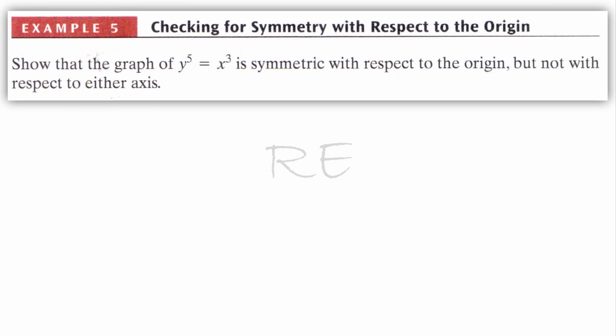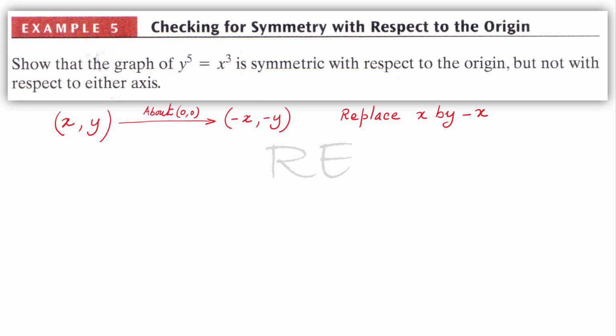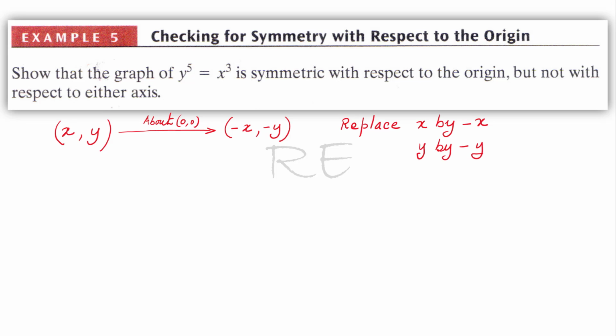For example 5, we will check first for symmetry with respect to the origin. If (x, y) belongs to the graph and it's symmetric with respect to the origin, then (negative x, negative y) also belongs to the graph. We're going to replace x by negative x and y by negative y and see if the function stays unchanged.